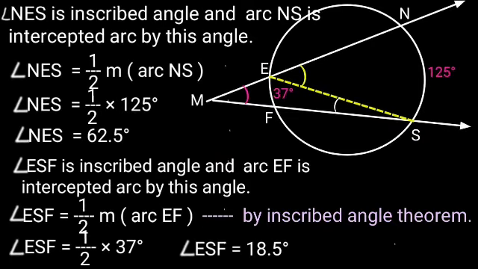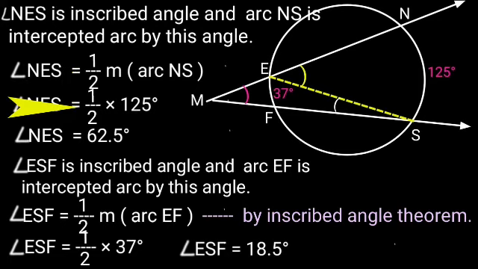From the figure, angle NES is an inscribed angle and arc NS is the intercepted arc of this angle. Hence, angle NES is equal to 1/2 the measure of arc NS.